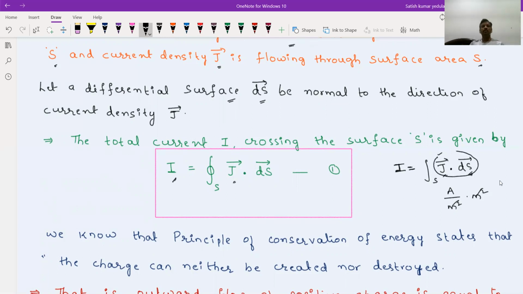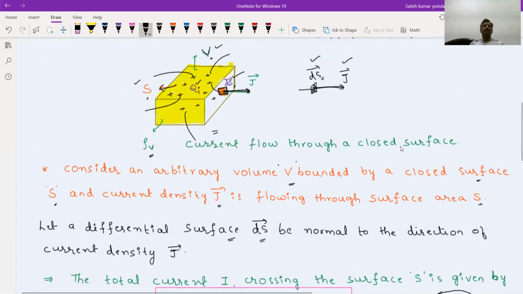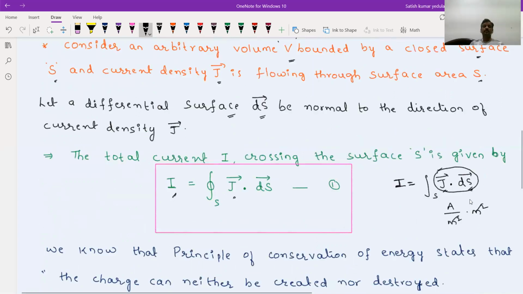Only this J dot ds will be the very small amount of current coming out of this particular differential surface. But if you want the total current coming out, then you should take the surface integral, which is a double integration. When you take this double integration, you will know the total amount of current coming out of the entire surface, because several charges are coming out of that closed surface.